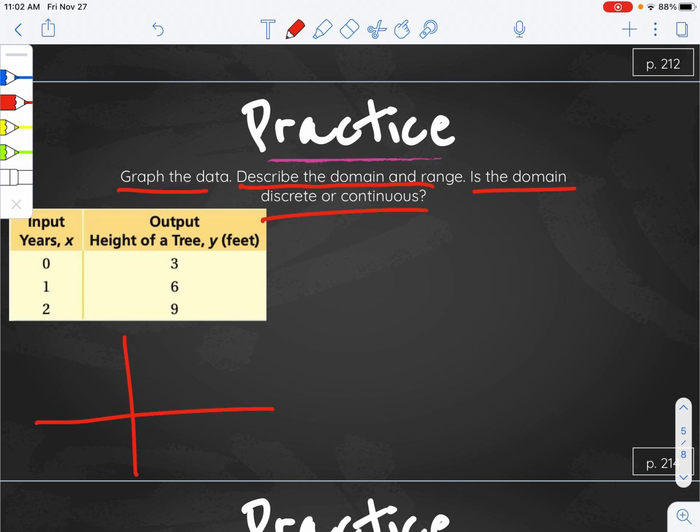Let's graph the data. So at 0, we go 1, 2, 3. At 1, we go all the way up to 6. So 3, 4, 5, 6. I might have made this graph too small, and not in a good place. So let's try again. So we had 0, 1, 2, 3.